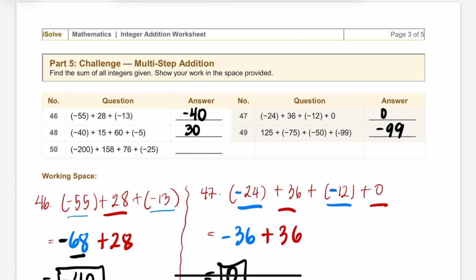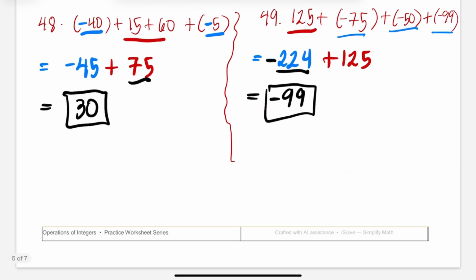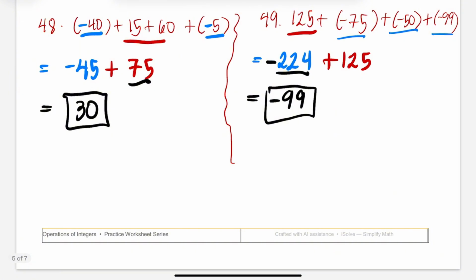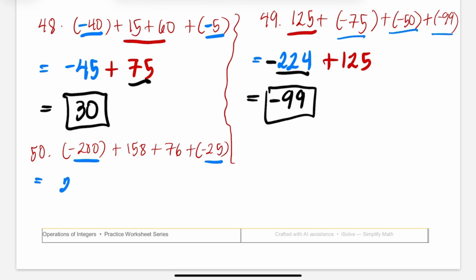And the last one, number 50. So we have negative 200 plus 158 plus 76 plus negative 25. Okay, so let's add the numbers with negative signs. 200 plus 25 is 225. Copy the sign, negative.